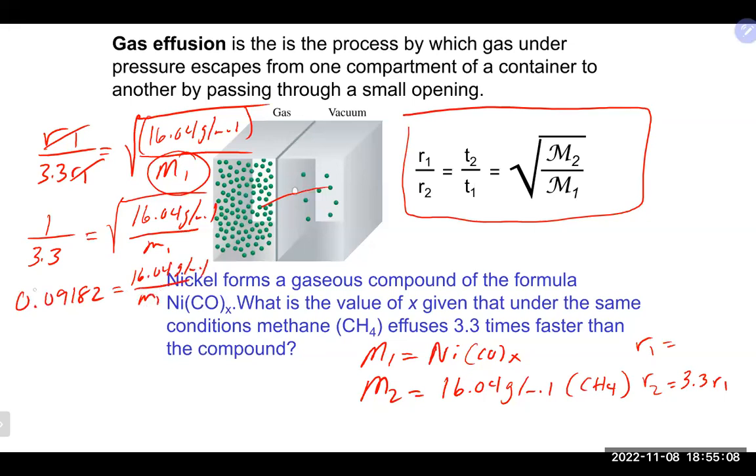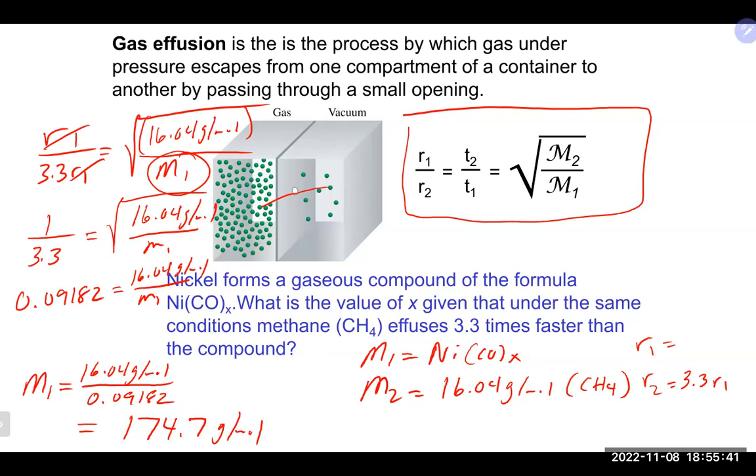Multiplying the M1 to the other side and dividing the other guy over gives us M1 equals 16.04 grams per mole divided by 0.09182. That gives us a molar mass for our unknown compound of 174.7 grams per mole. Any questions on how we got there?